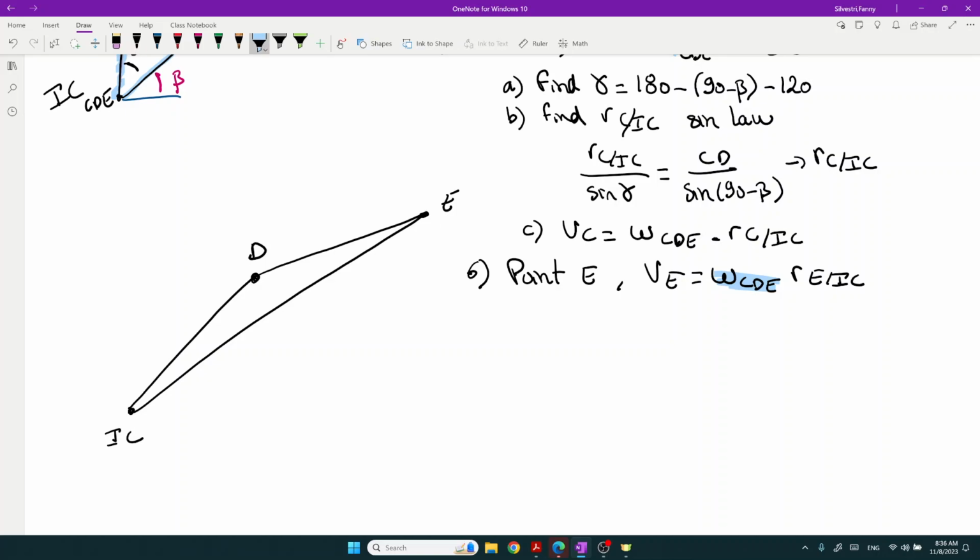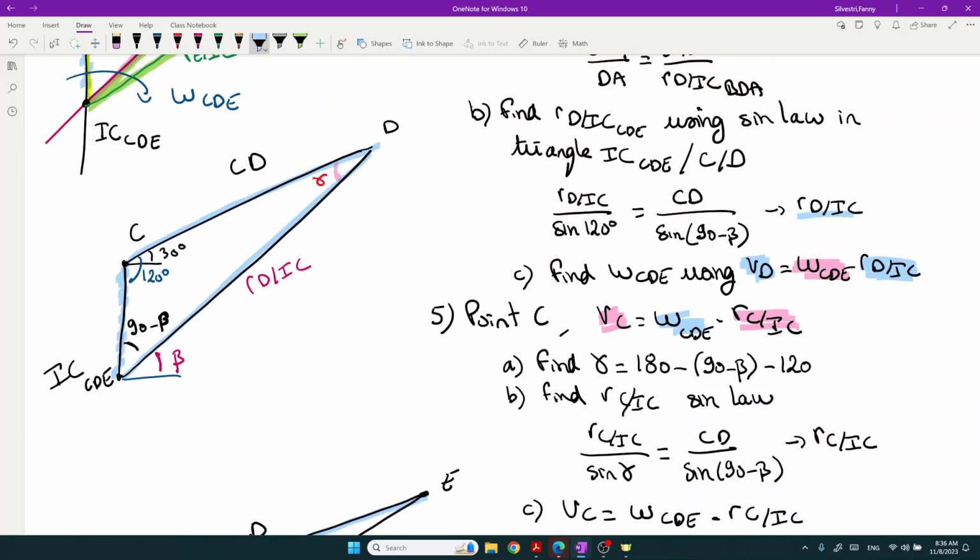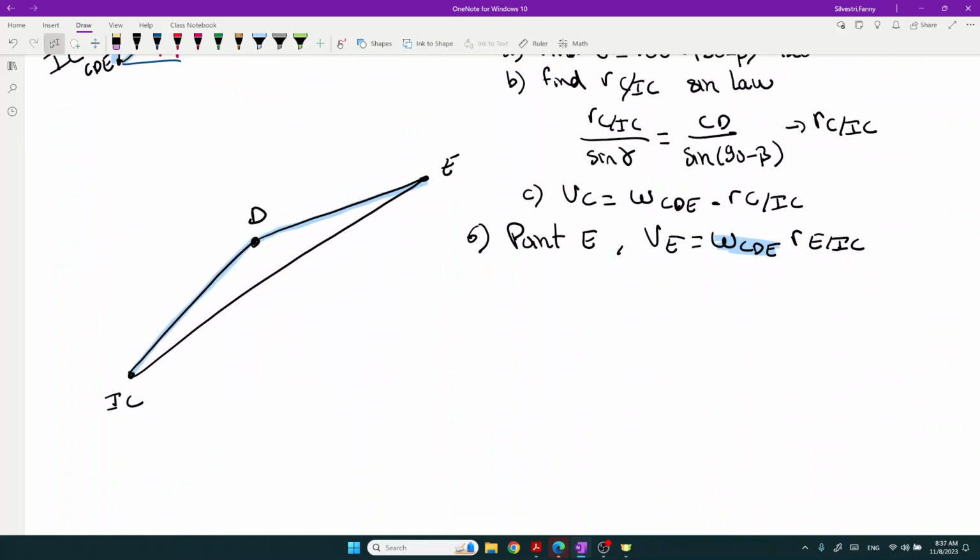What do we know? We know DE. This is given in the instructions. We know RDIC. We just found it before. RDIC will be this one that we found at step 4B. This angle is way too difficult to find. I don't even know if we can find it just this way.